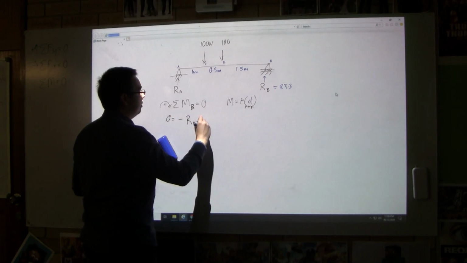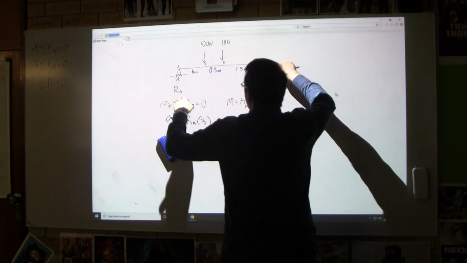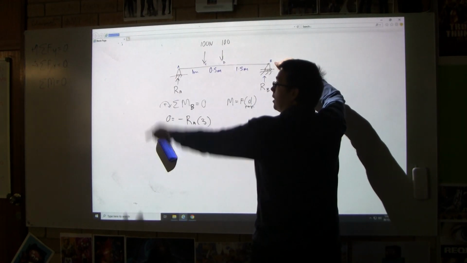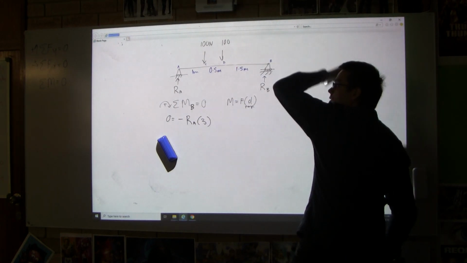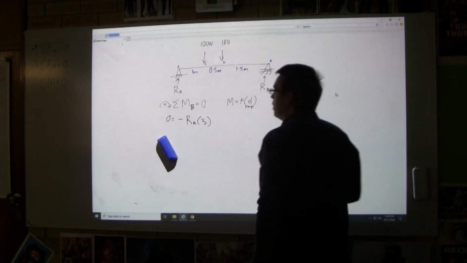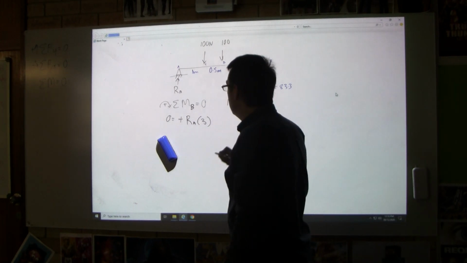Now, is it going clockwise or anti-clockwise? I've written minus there, but it's going regular clockwise, so we're now going to turn that into a plus.